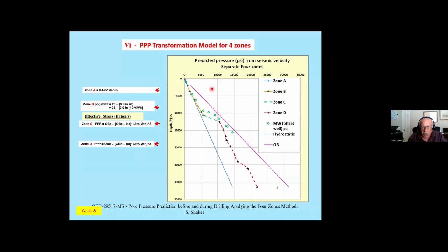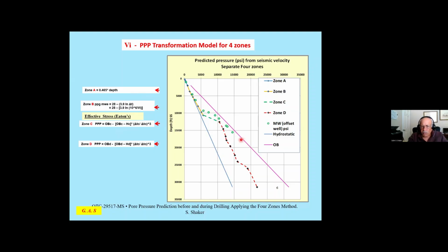Zone B is hydrodynamic, where the fluid is leaving the system. So that's not hydrostatic. This is hydrodynamic, meaning the fluid is moving. There is a flow, and here is the equation for the pore pressure in that section. And then Eaton applies to zone C and zone D.